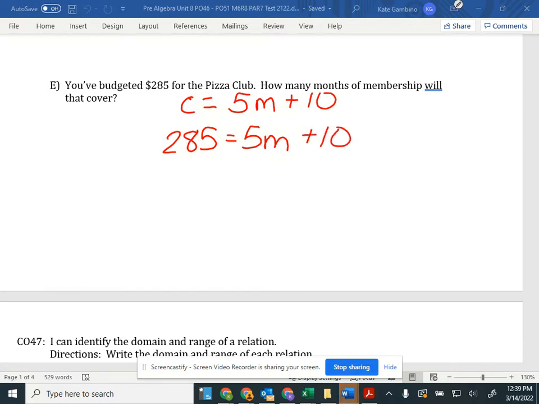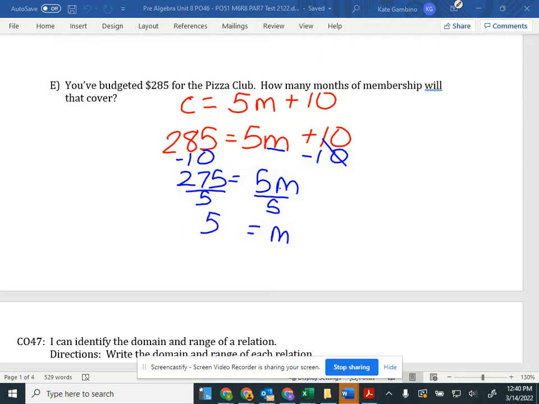The first thing that we do is, instead of adding 10, we want to subtract 10, because we're going to want to get our M by itself. 10 minus 10 leaves us with just 5M. 285 minus 10 leaves us 275. Here we are multiplying by 5, so we want to divide each side by 5. So we're left with just months, and we get 55 months.